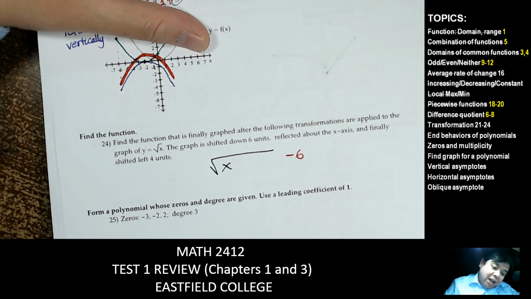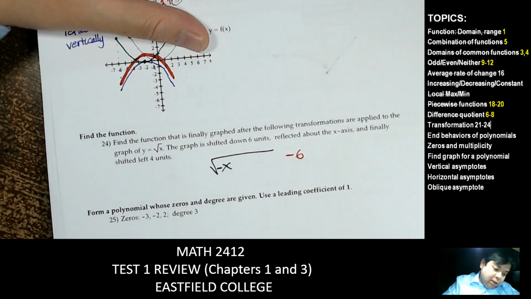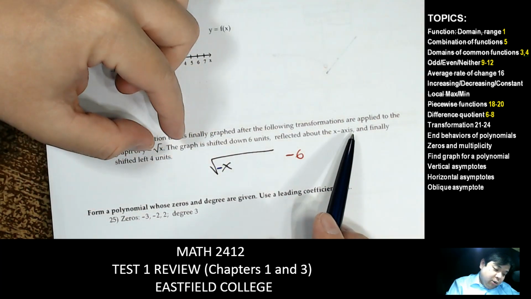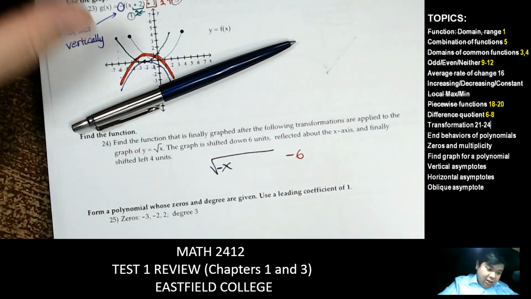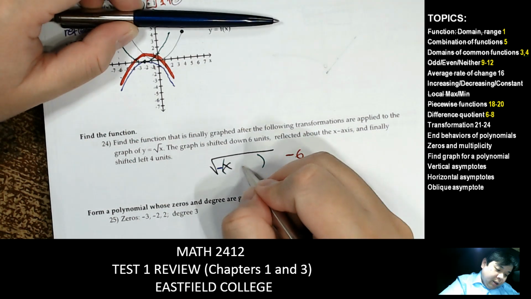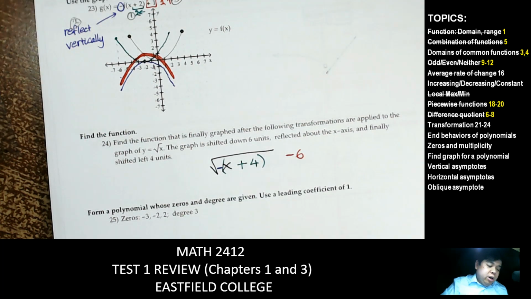Reflect about the x-axis. That is with the minus. And then reflect about the x-axis. That's the minus. And finally 4 units left. That's it. 4 units left. So it has to be like that.